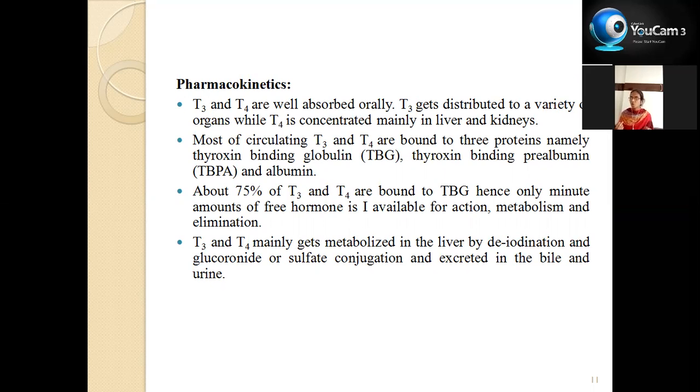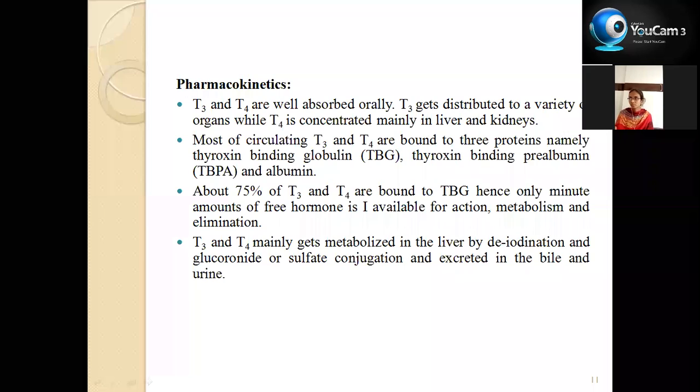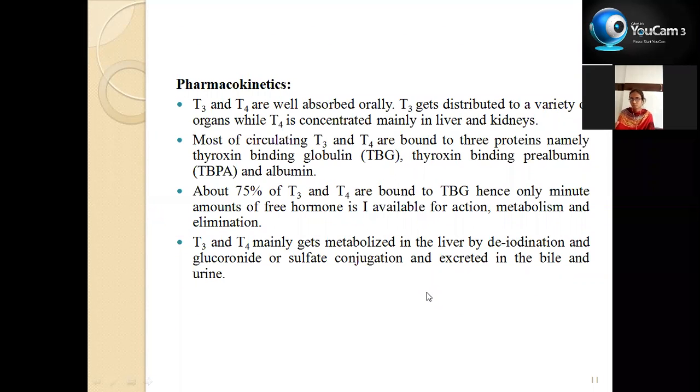It is mainly metabolized in the liver by deiodination and sulfate conjugation, and excreted in bile and urine. So this is the pharmacokinetics.